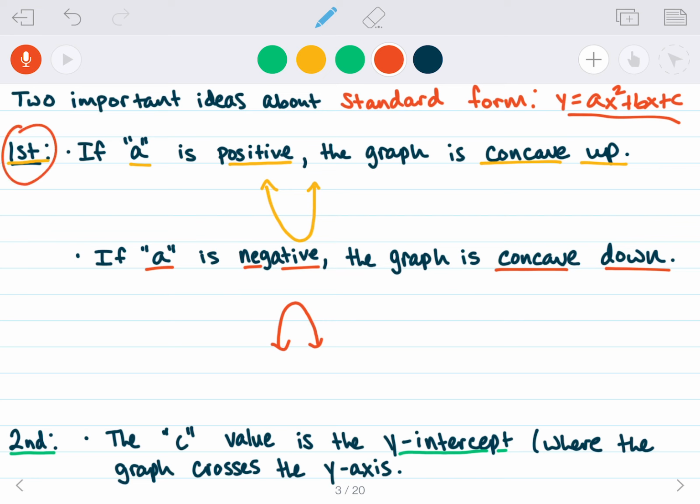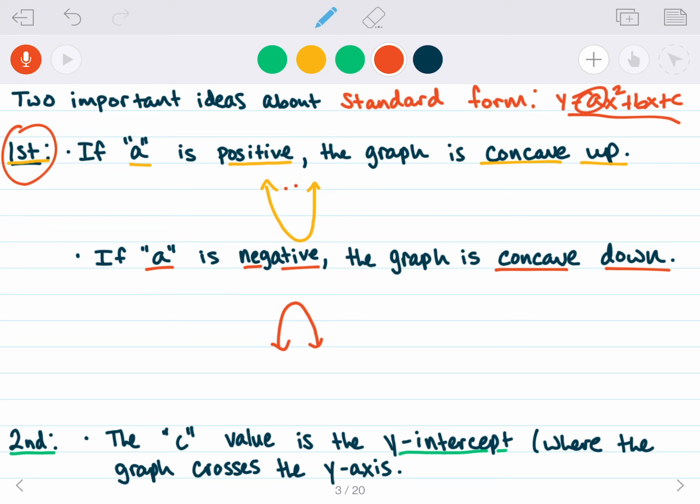The first piece of information is what a tells us. That number a is going to tell us whether it's concave up or concave down. And that all depends on if a is positive or negative. Doesn't matter about fractions, doesn't matter about decimals. It's very simple. Is it positive? If it's positive, it's concave up, smiley face.